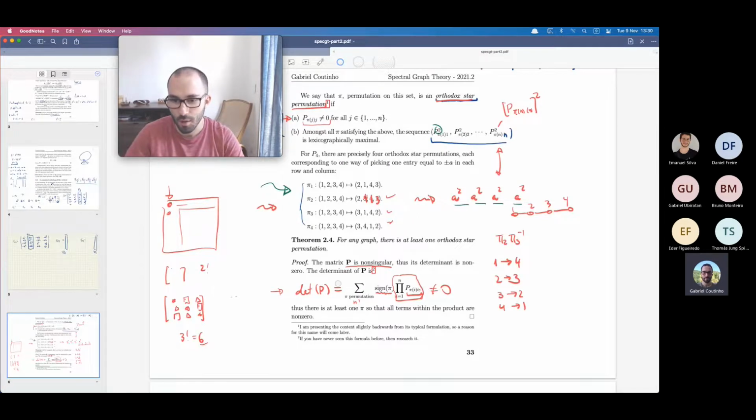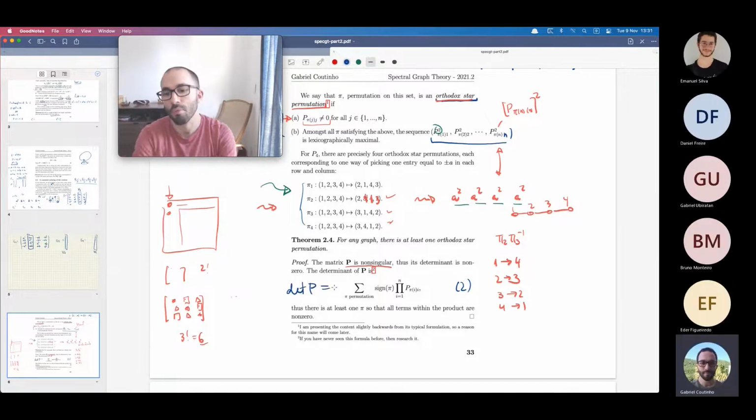Oh, I'm calling this now equation 2 in my new version of the notes. So this is equation 2. This equation is quite powerful. Recall that it says that the determinant of a matrix is a sum over all permutations of the sign of the permutation times a certain product of these things.